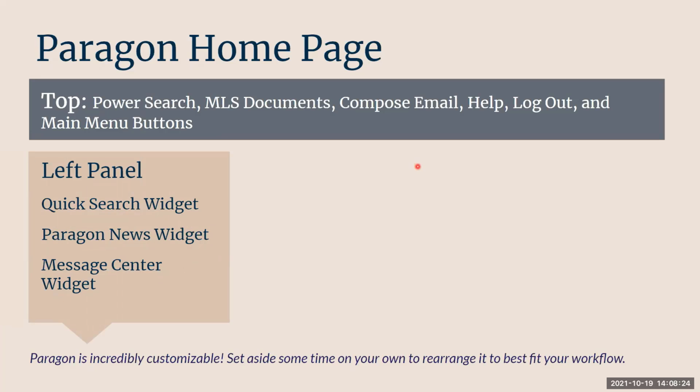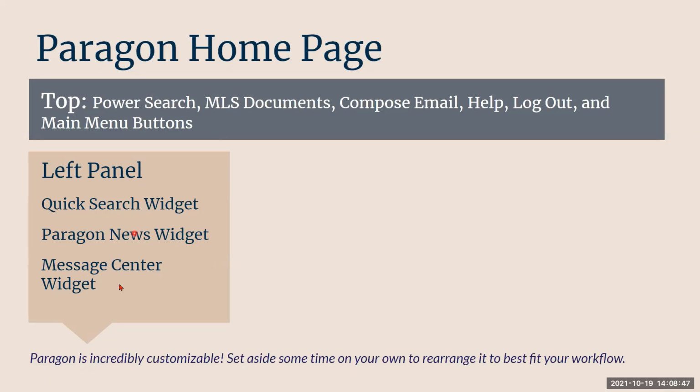And along the left side, I call it the left panel, is the quick search widget, Paragon News, and the message center widget. You'll primarily be using this quick search widget. We're going to talk about that in a little bit more detail. Paragon News, the developer of Paragon, Black Knight, provides some useful information there about, say, an update that was just done.